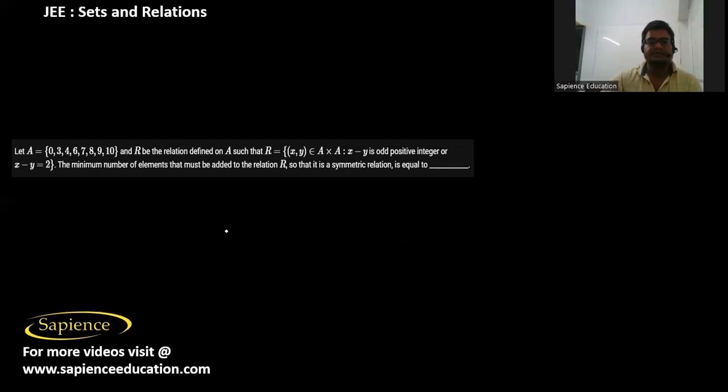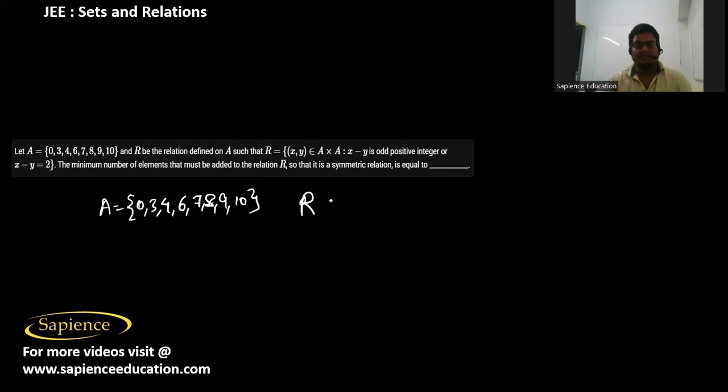And here it is told, let A equal the set {0, 3, 4, 6, 7, 8, 9, 10}, and R be the relation defined on the set A. So it means R is a subset of A cross A. And it is told x is related to y if x minus y is an odd positive integer.